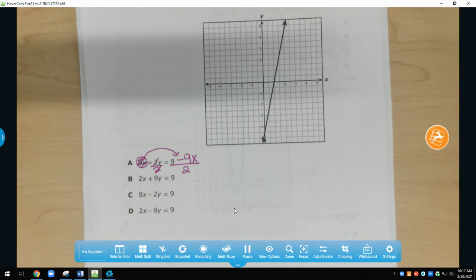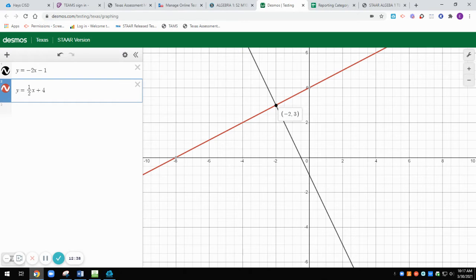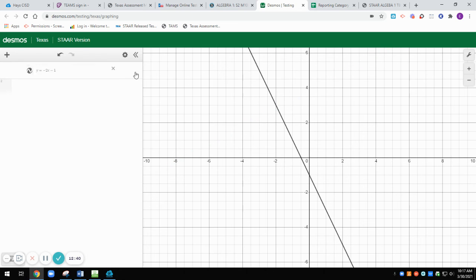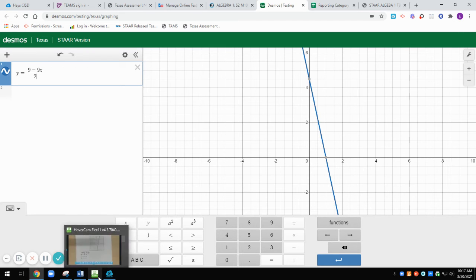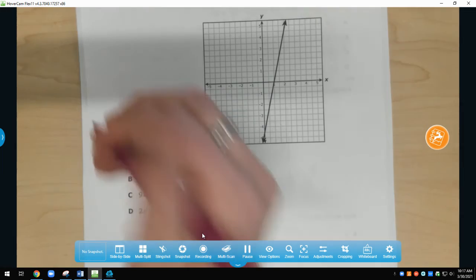Okay, so I'm going to go ahead and put that big fraction in to check that one to save some time if I don't need to solve all of them. So we have y equals, then press divide to get a big fraction, 9 minus 9x all over positive 2. So that line doesn't match. So we can mark out A.